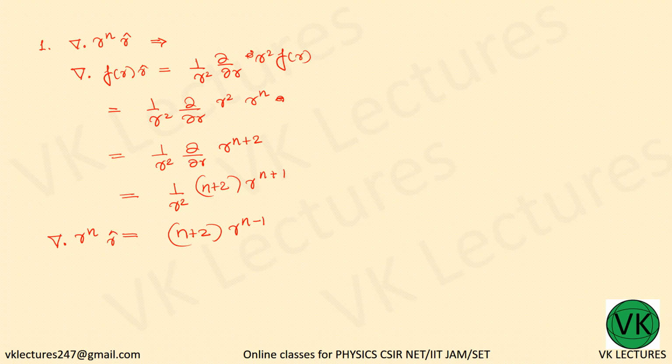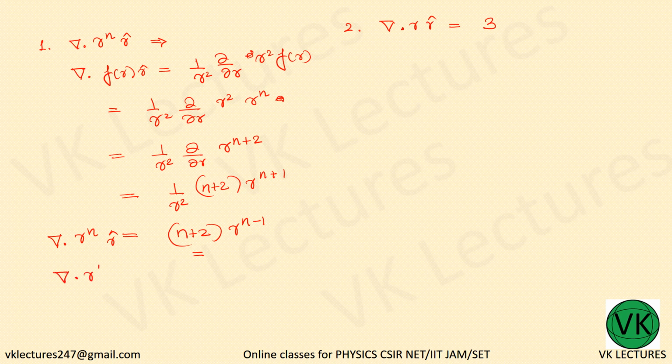into r cap. Similarly, you can write for del dot r into r cap, this is del dot r, that is equal to 3, because just substitute here n equal to 1 in this equation.